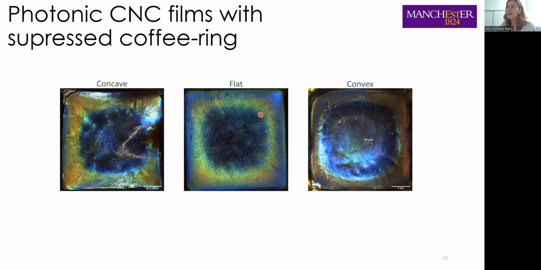So looking at the flat film, concave and convex, in the convex, obviously we are able to push the particles more, but it suppresses the Marangoni flow as well. That's why you have less of a coffee ring region.